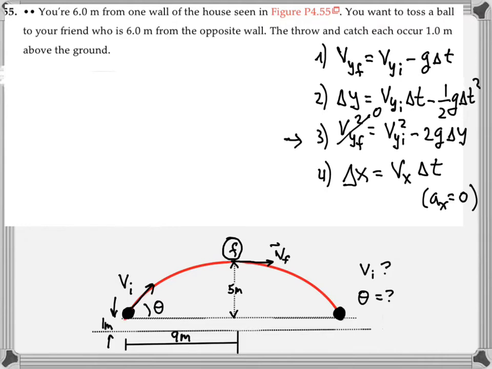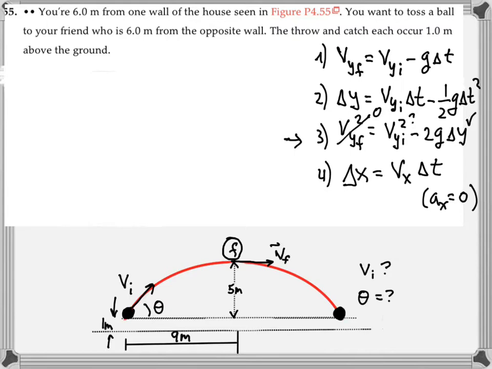The y component of the initial velocity will be interesting to know. We will be using that to find the speed of the ball at the beginning. This will give us the y component of the velocity of the ball. And in that equation, we know g, of course, and we also happen to know delta y. We know that the final point is 5 meters above the initial point.